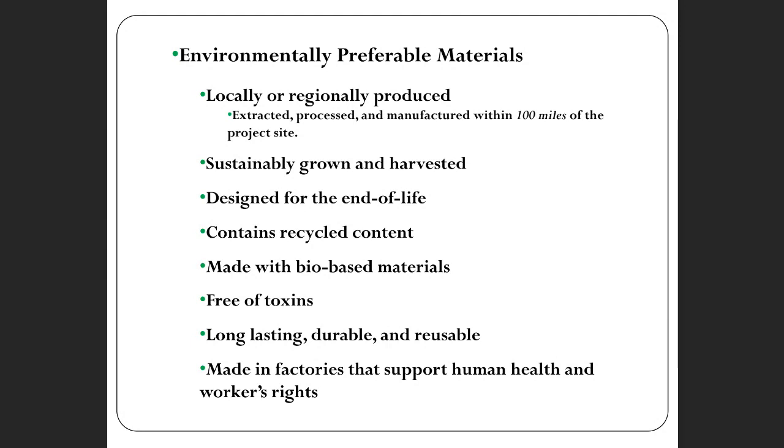Well, designed for the end of life means that when that product has reached the end of its useful life, the end of its service life, it can be removed from service and be recycled or turned into something new as opposed to being thrown away. We want to look at recycled content, bio-based materials, free of toxins, long-lasting, durable, reusable.